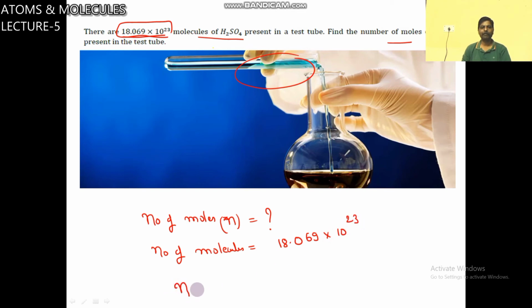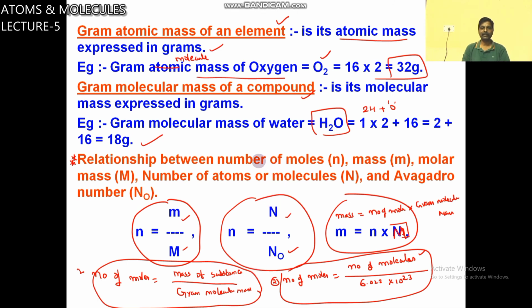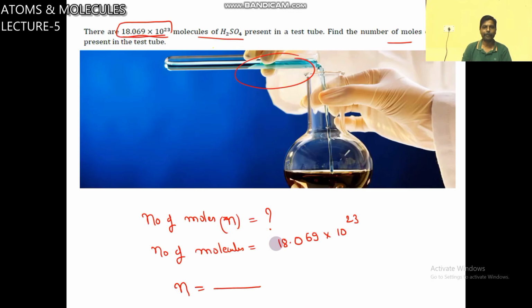What is our formula? Number of moles is equal to, can you see this formula? Formula 2: number of moles is equal to number of molecules divided by Avogadro number.